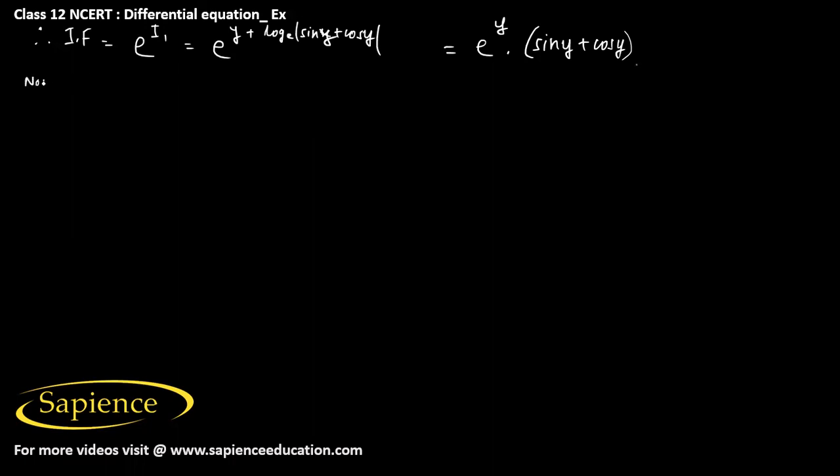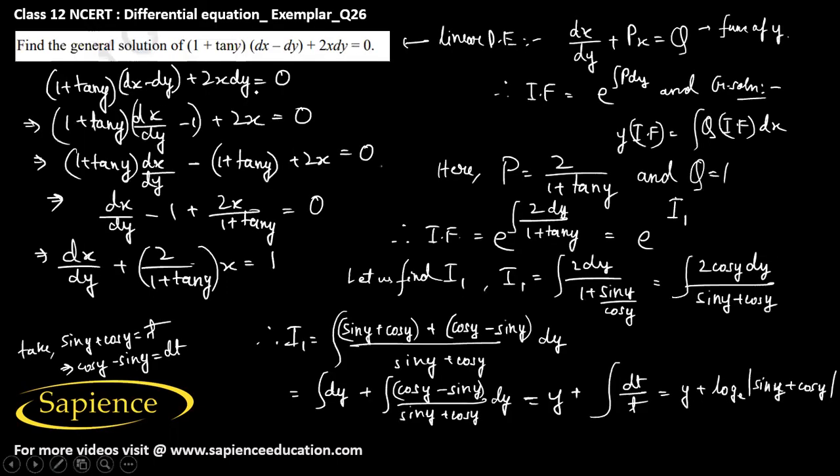So now we also need to find integral Q times the integrating factor, which is 1 into e power y into sin y plus cos y dy. Here I think we did something wrong. This will be dy actually, sorry.